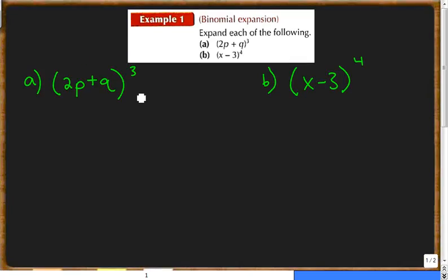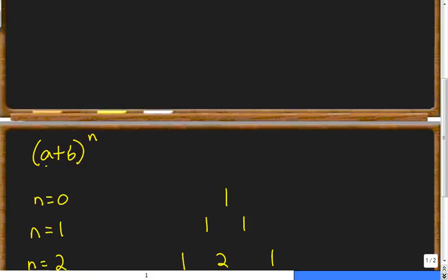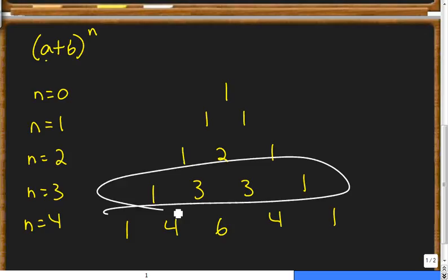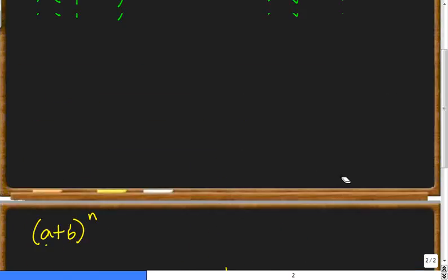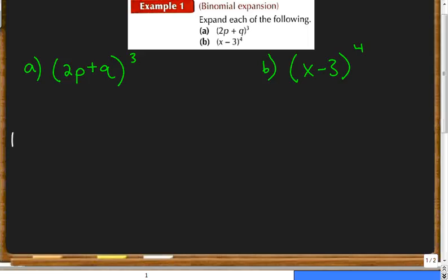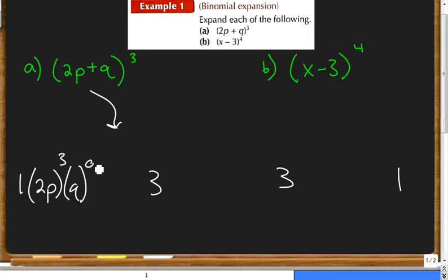For this part here, this is a cube, so we're going to have a 1, 3, 3, 1 pattern. So what parts are going to be there? Well, you're going to have 1 times 2p cubed, and technically the q is going to get the remainder of the powers, which is 0.